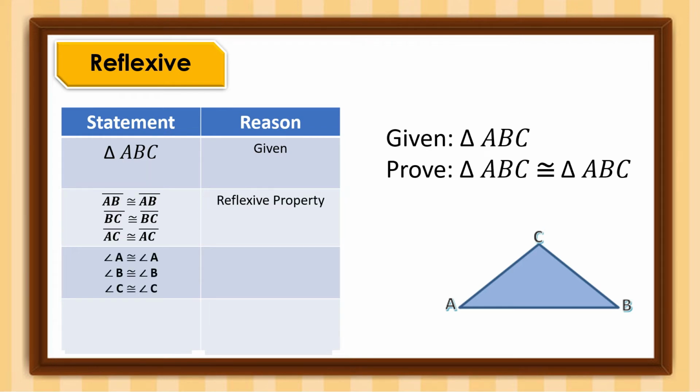And next, let us proceed to the angles, wherein angle A is congruent to angle A, angle B is congruent to angle B, and angle C is congruent to angle C. And the reason is by reflexive property. Now, since all pairs of corresponding parts are congruent, we now prove that triangle ABC is congruent to triangle ABC, and its reason is by definition of congruent triangles.